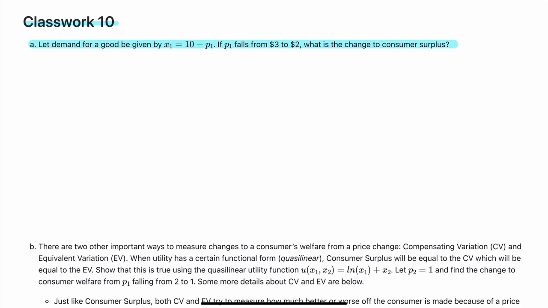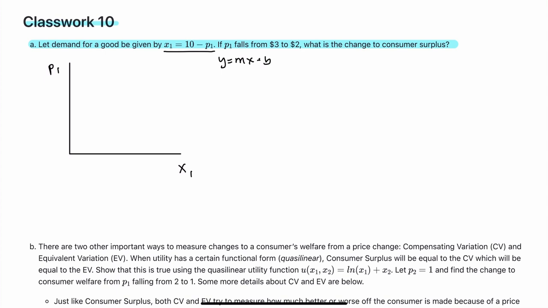So I'll just sketch what's going on here. Here's x1, and I'll have p1 up here, and I have a demand curve that I'll draw. I want to put it in the form y = mx + b. Notice that it's a convention to put p1 on the vertical axis, so that's what I'll do.